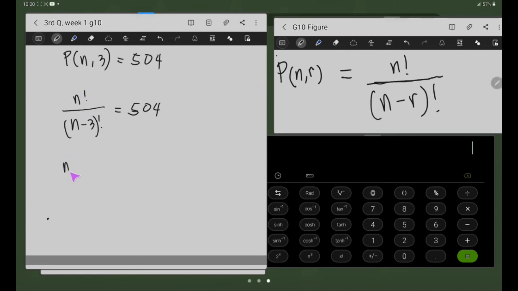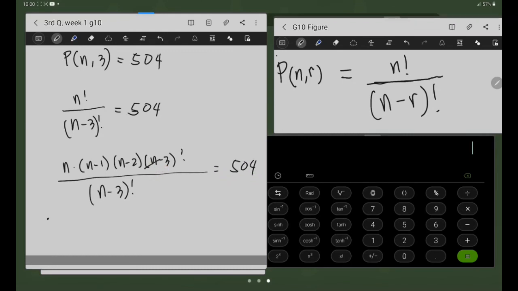So maging n times n minus 1 times n minus 2 times n minus 3 factorial over n minus 3 factorial is equal to 504. So ito makakat na siya.